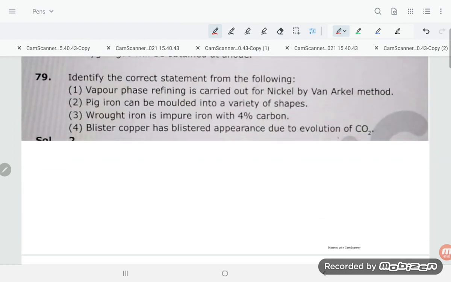Now 79. Identify the correct statement from the following, student. Vapor phase refining is carried out for nickel by the Mond process and for titanium by the van Arkel method.